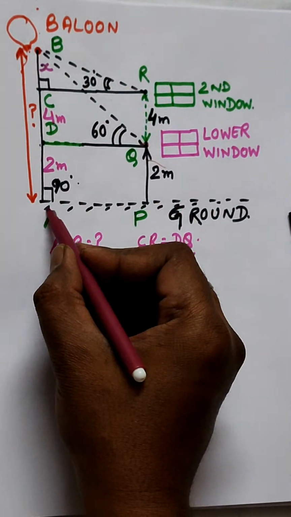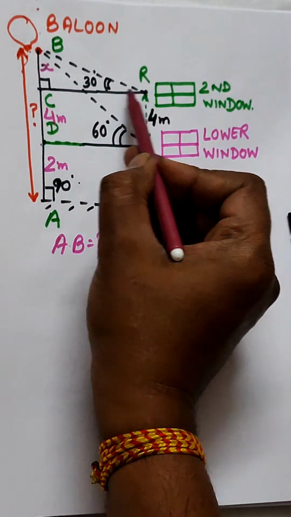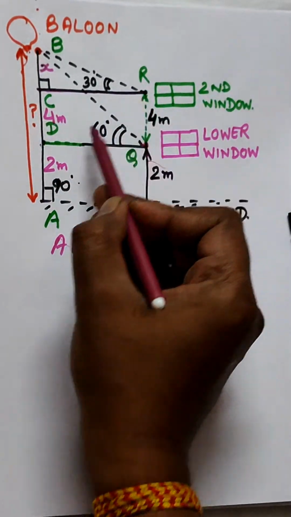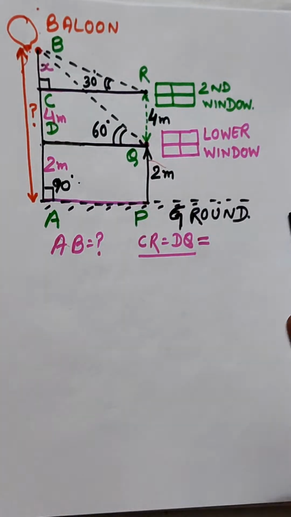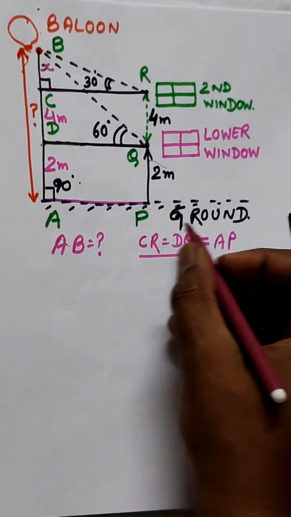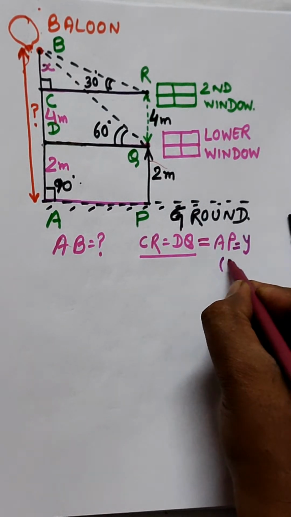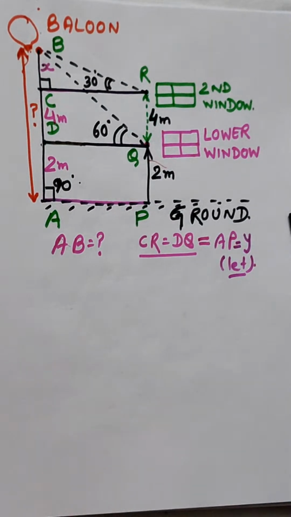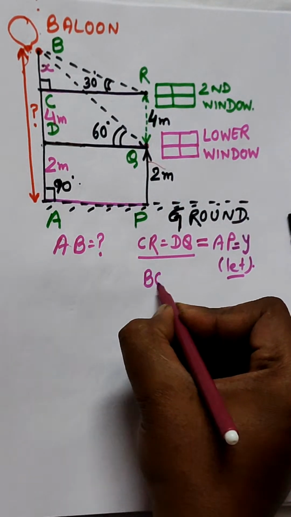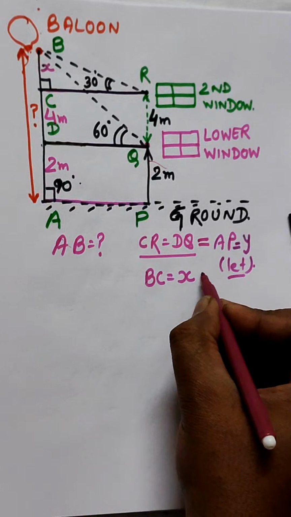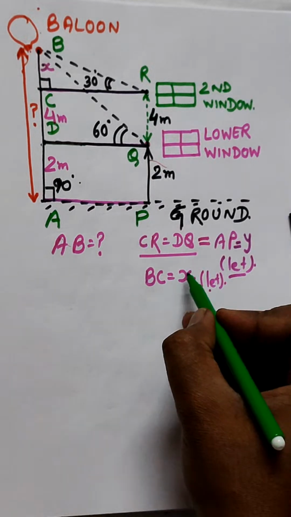And let's say the distance C to R equals D to Q, that means C to R, this one, D to Q, this one, and A to B, this one. All are equal, and A to P, all are equal. And let's say this is equal to Y. Let us assume it. And B to C, let's say this is X.